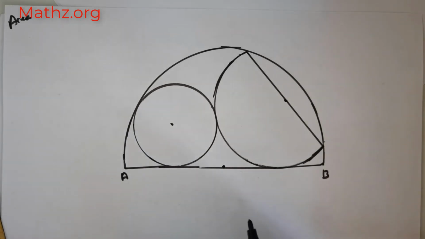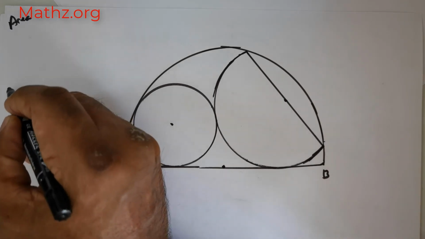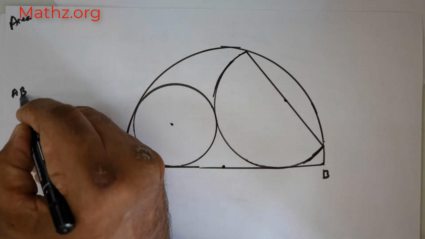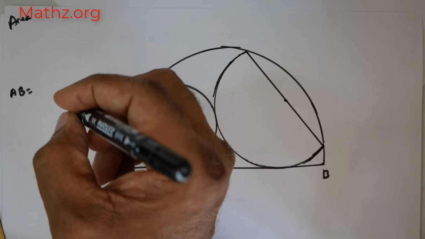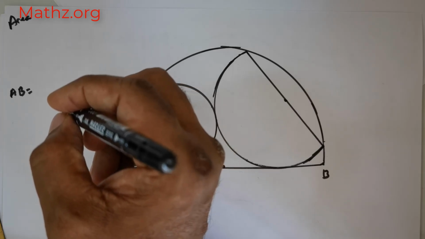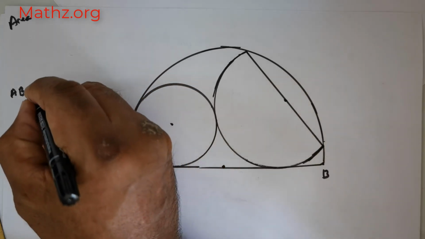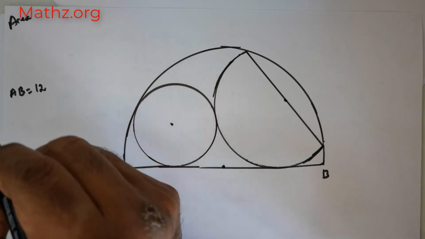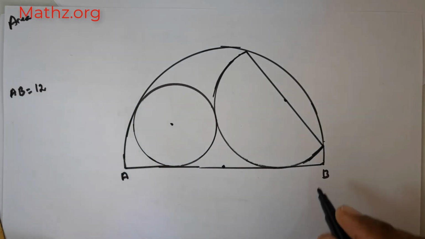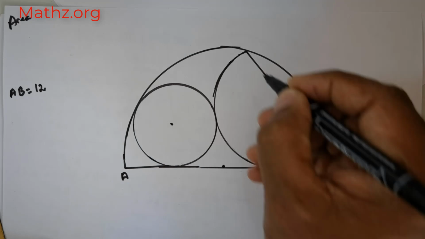Now AB is given. Okay, let me write that down. The value for AB is 12 units and I'm going to take this as CD.